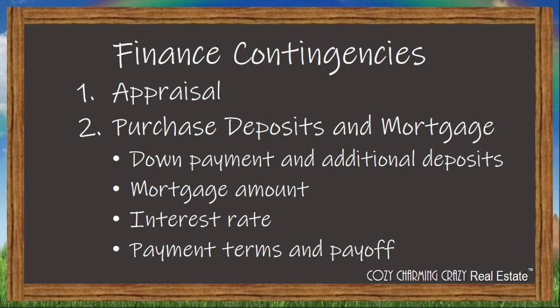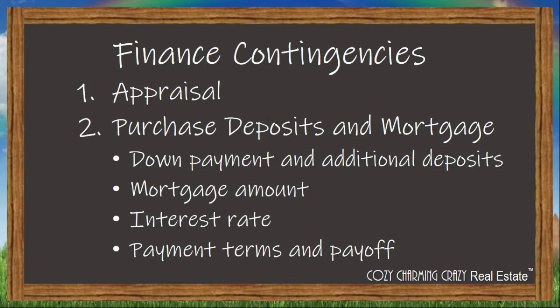Now, the mortgage and deposits section, or sometimes it's simply called finance contingency, is based on the need of the buyer to be able to secure a mortgage and general financing conditions that they can actually live with.